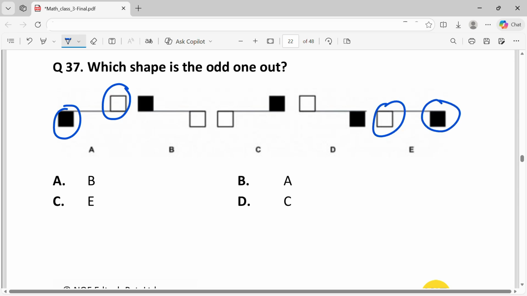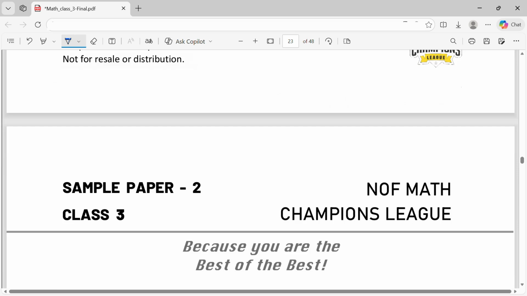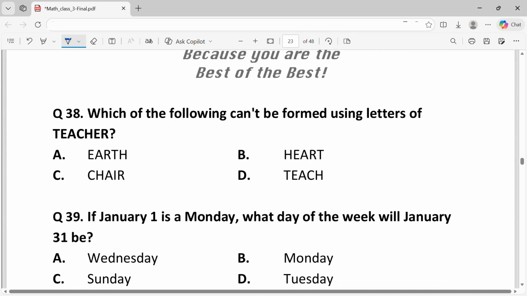So the answer is E. Question 38. Which of the following can't be formed using letters of teacher? Analyzing all four options, we can see that chair has a letter I which is not in the word teacher. So the answer is C, chair.